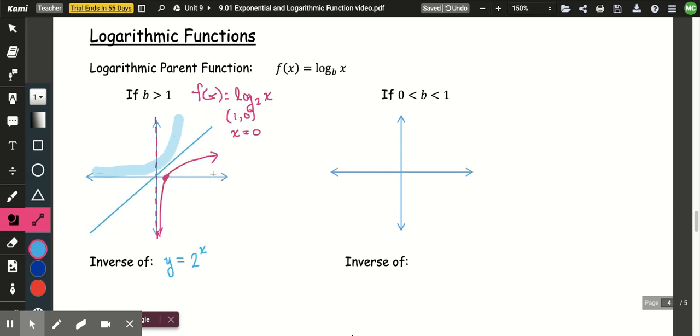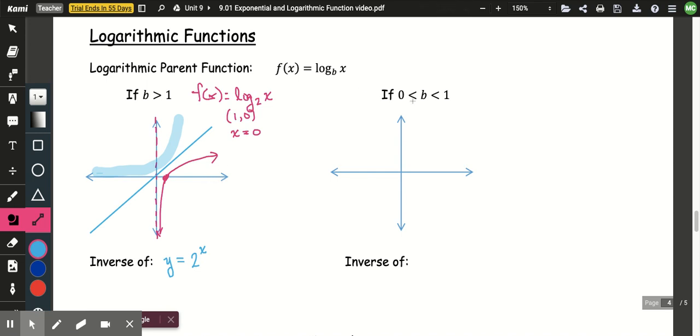So if I sketch that in there, you can see the relationship between those two. If I were to fold the paper across that line, those two curves would lie right on top of each other. The one that's drawn in pink, of course, is my new logarithm parent function. So that's the shape of the graph if the b value is greater than 1.